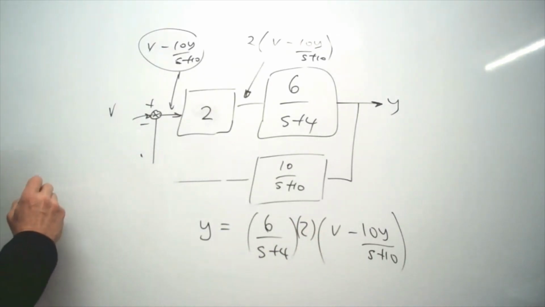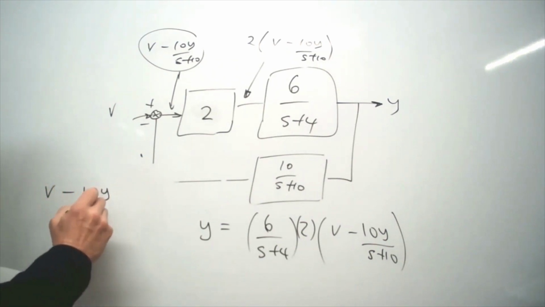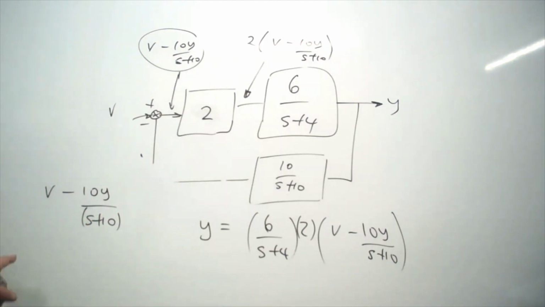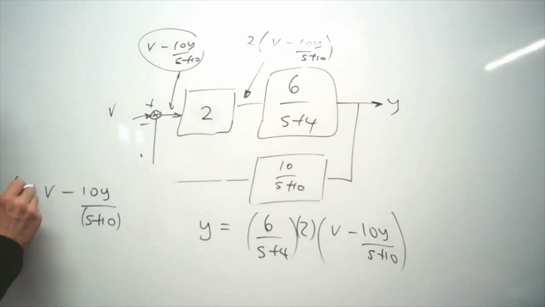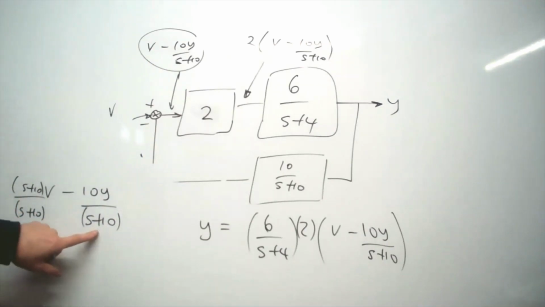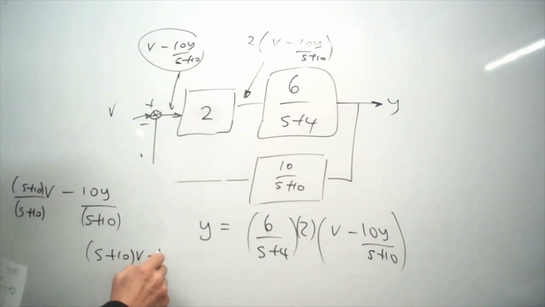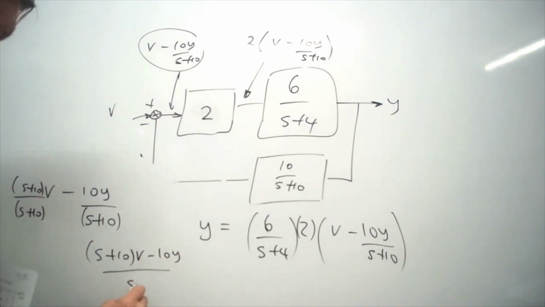So we could write v minus 10y over s plus 10. We could take that term and multiply top and bottom of this by s plus 10, to give it a common denominator. So we could rewrite this as s plus 10 times v minus 10y over s plus 10.